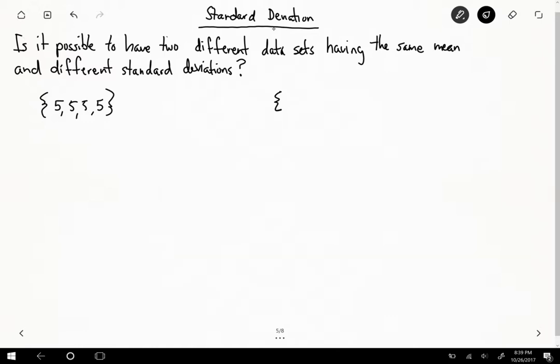So we can add them up accordingly: 1, 4, and let's do 7 and 9. Okay. So notice, let's call this group A, and let's call this group B.